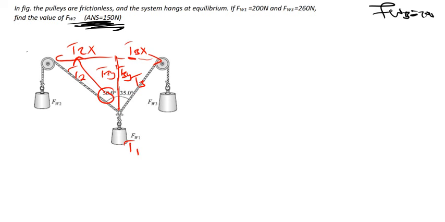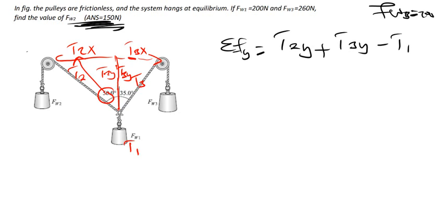If I want to deal with the y direction, I will say the summation of forces in the y direction, when you add them, is supposed to give us 0. What forces do we have? T2y plus, since they are all pointing upward, T3y, then minus T1, which is pointing downward.